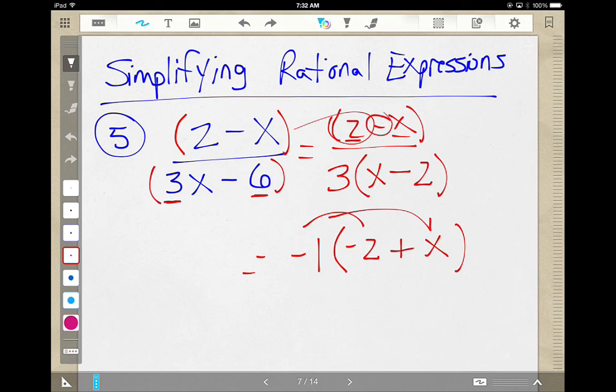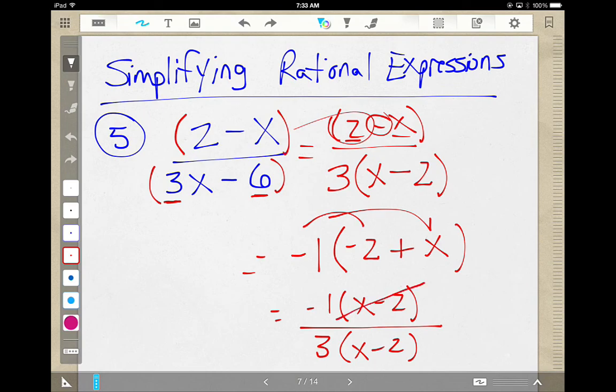So if I can pull out a negative number and then think of it as negative 2 plus x, but I'm actually going to think of that as a negative 1 times a positive x minus 2. If everything is exactly the same except the signs, you can pull out a negative 1 and then look what happens. My common factors of x minus 2 end up being the same, and this reduces all the way down to negative 1/3.